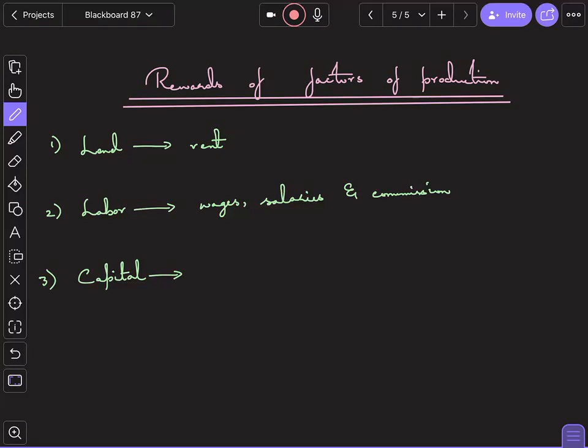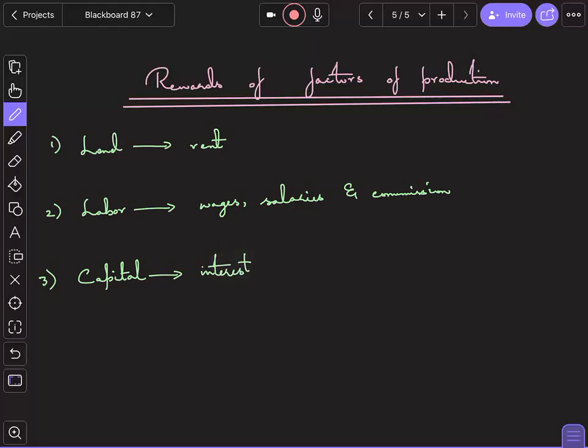So for instance, if I am giving my vehicle in the production process, then the reward will be the interest that I am losing from not giving out that money in loan, because now I am buying a vehicle from that money instead of giving out that money in loan or depositing the money in the savings account. So the reward will be interest.